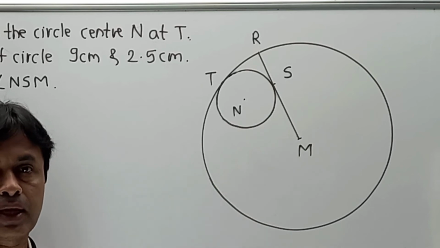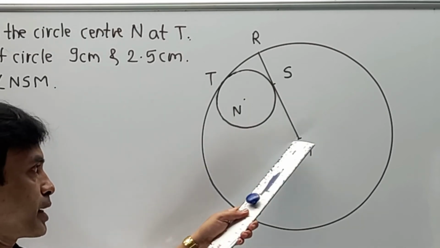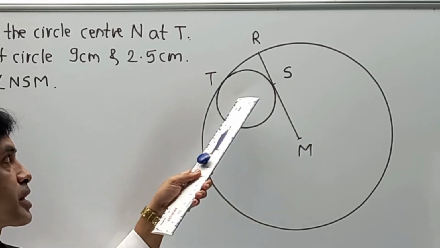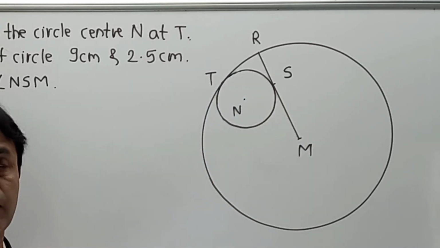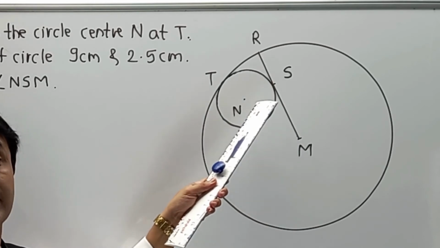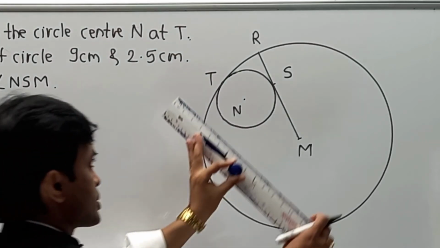If you want all that, then first of all, in construction I am going to join M with N. If I draw a line joining the centers of the circles, it must pass through the common point of contact. That means point M, the center of a circle, N, the center of a circle, and T, the point of contact, are all in the same straight line. So my first construction is over here.